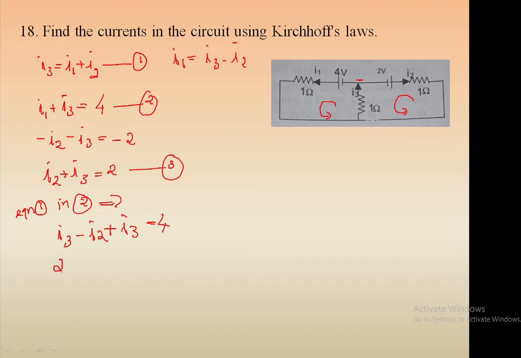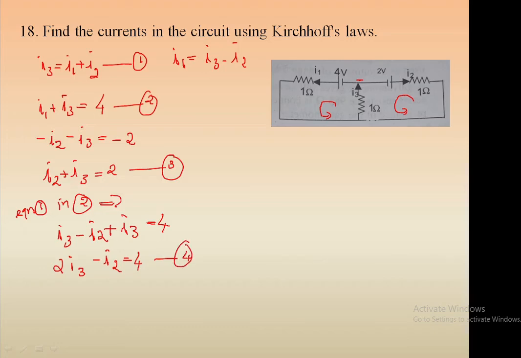That is 2I3 minus I2 equals 4. Now this is denoted by equation number 4.